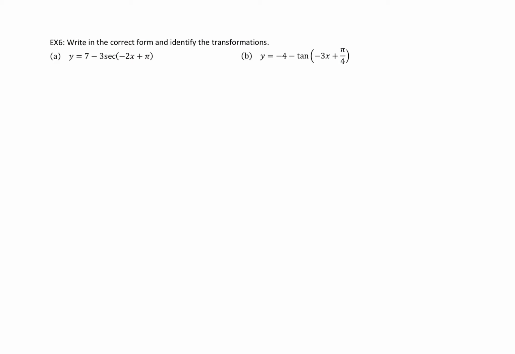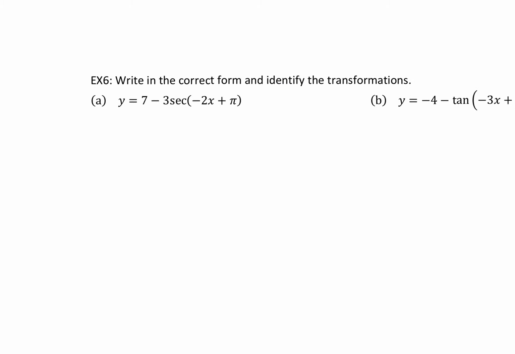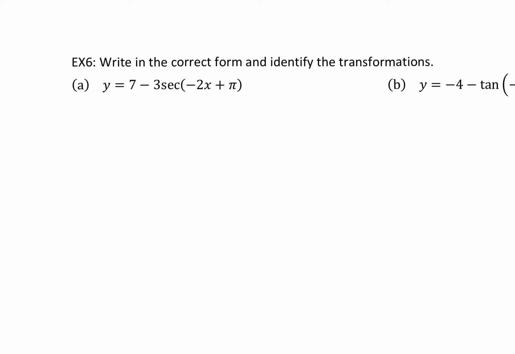Let's look at the last thing that you may see on an exam, and that would be writing our functions in the correct order so we can identify the transformations. Always remember that all the functions are odd except cosine and its reciprocal secant.